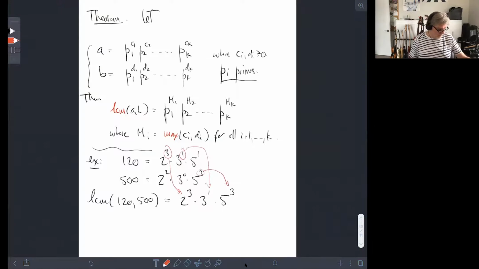I need those, okay? And I don't need to go bigger. That's all I need. So that's it. So it's the maximum power. So for GCD, take the minimum exponent. For LCM, take the maximum exponent. So again, if you have the decompositions, computing this is as easy as computing max and min of exponents. That's it. Okay.